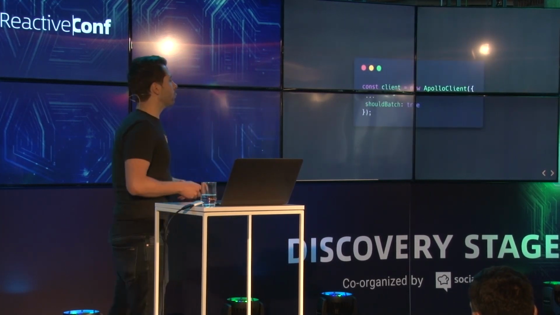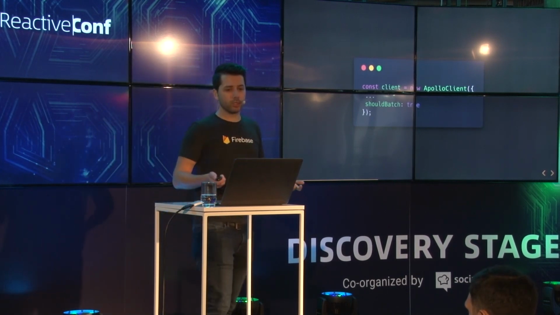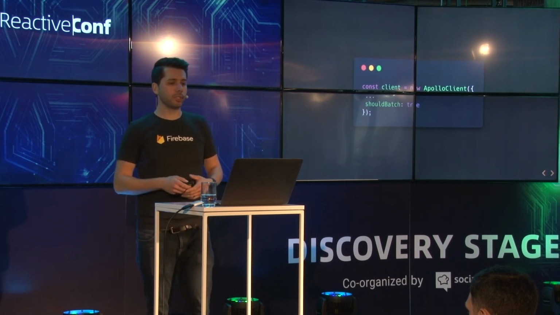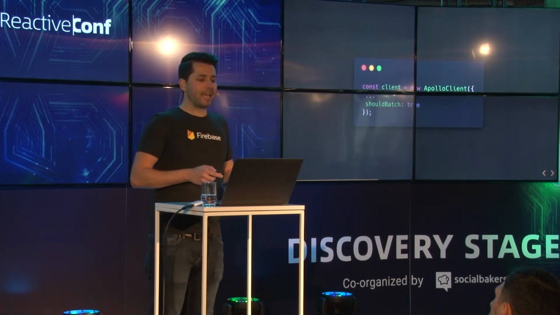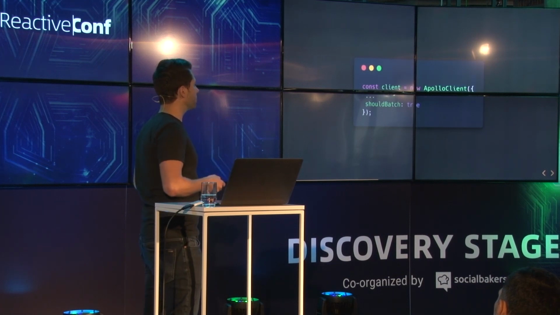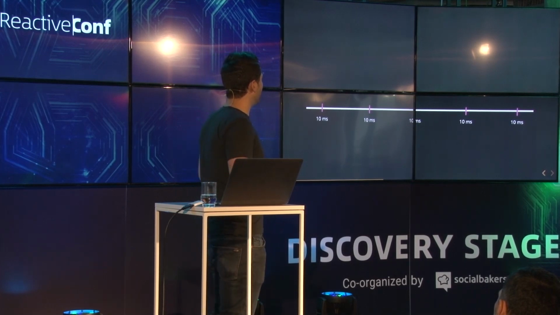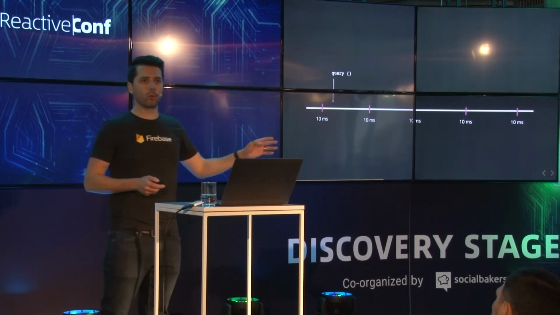If you're using Apollo Client, though, you can start to batch up your queries in an intelligent way. And it's actually very simple to do. If you're using the client, you can just set shouldBatch to true. That's going to turn on this batching feature of Apollo, where you've got 10 millisecond slices. Every 10 milliseconds, Apollo is going to look for outgoing queries.